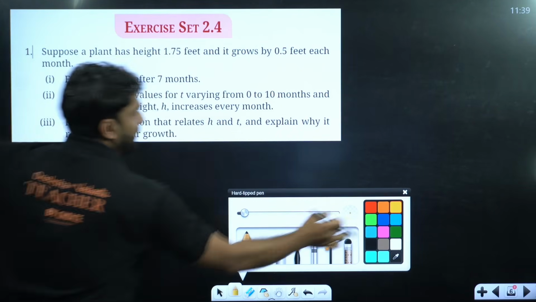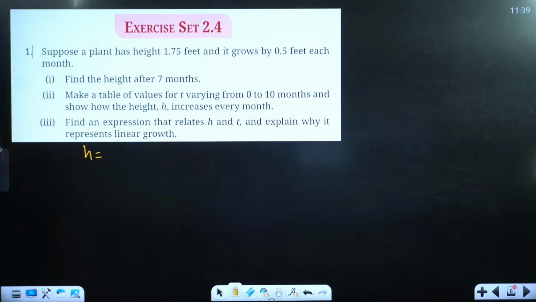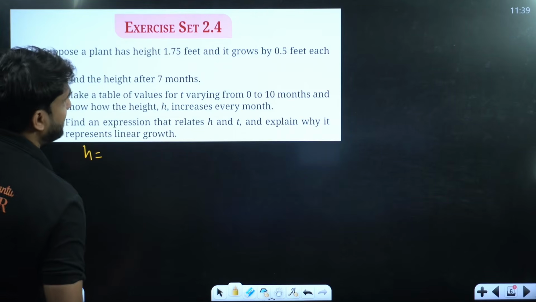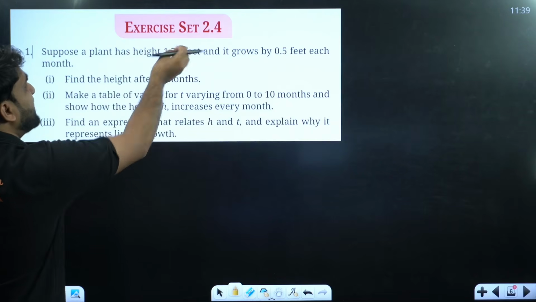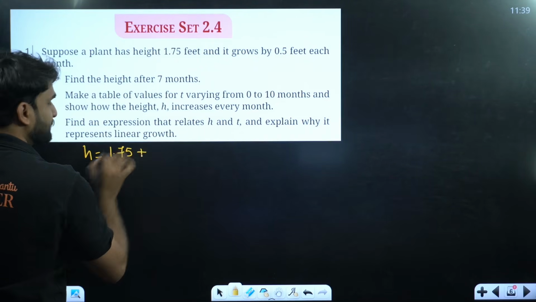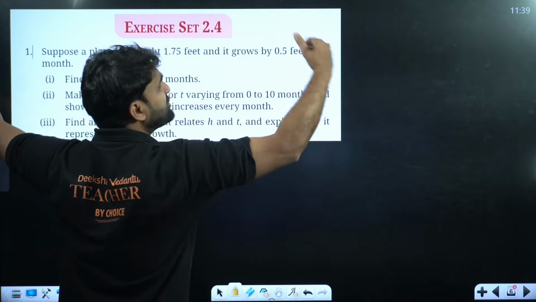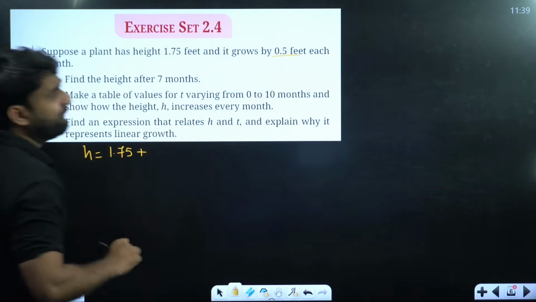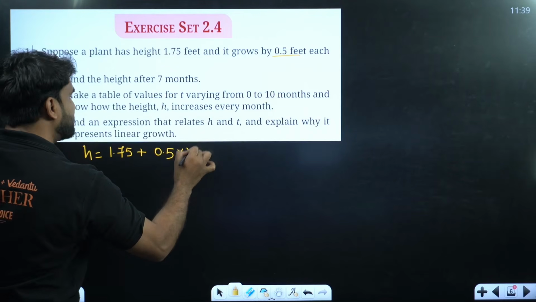So let's find the equation. For height, I'm using h. The original height of the plant is 1.75, so we can write 1.75 plus. From each coming month, 0.5 feet is increasing, so we can write 0.5 into x.